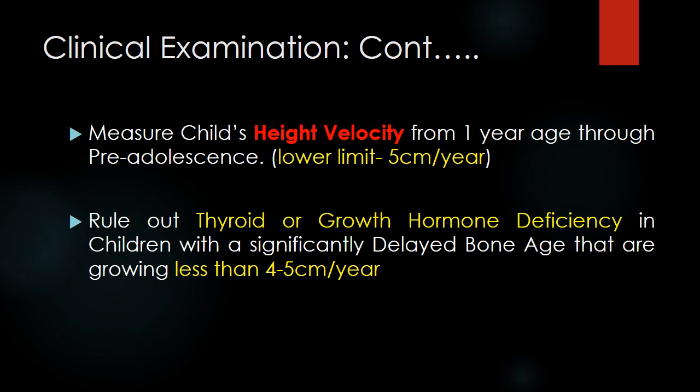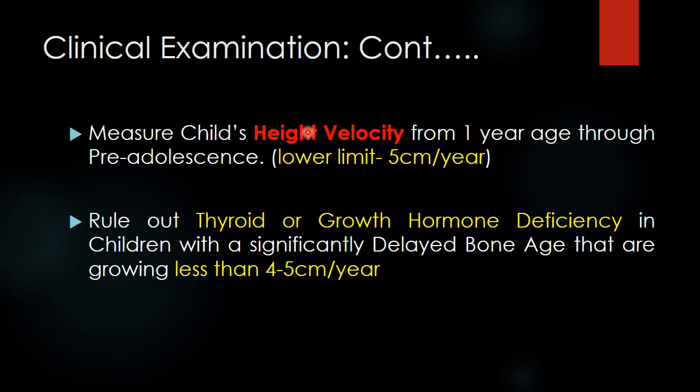We need to rule out on examination any possibilities of thyroid hormone deficiency or growth hormone deficiency, and all those children who have significantly delayed bone age and are growing less than 4 to 5 centimeters per year, you need to look for the possibility of hypothyroidism or growth hormone deficiency, even if there are no clinical features to suggest either of them.